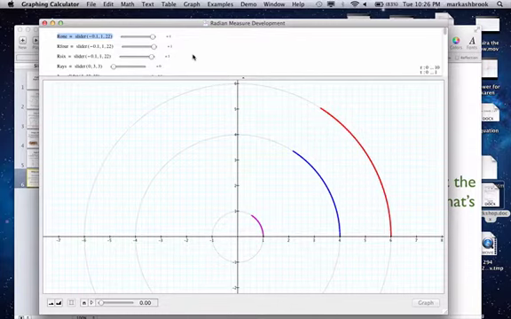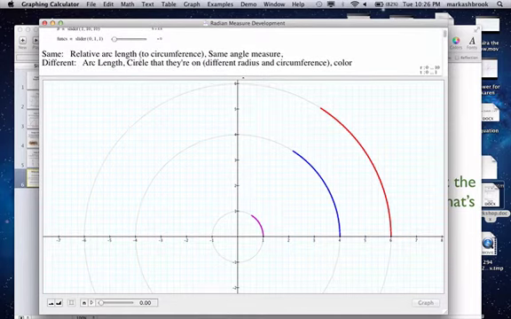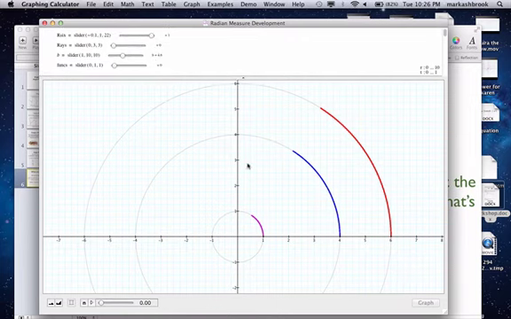And then we asked the question, what's different and the same about all these? You came up with it: the arc length, the circle that they're on, the radius and circumference, and the color are all different here. What's the same? Well, the relative arc length to the circumference, and they all mark off the same angle by the end of their arc length.